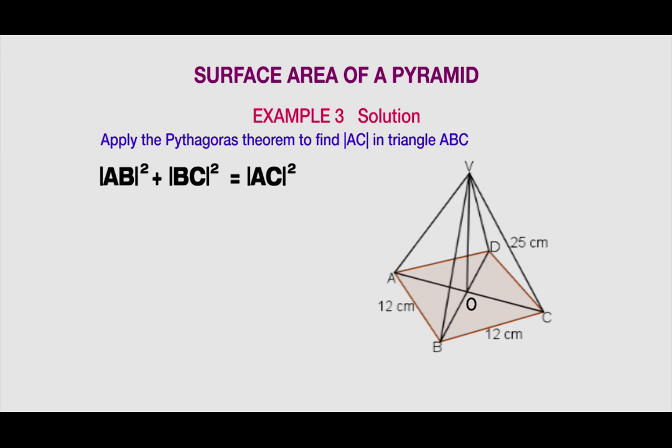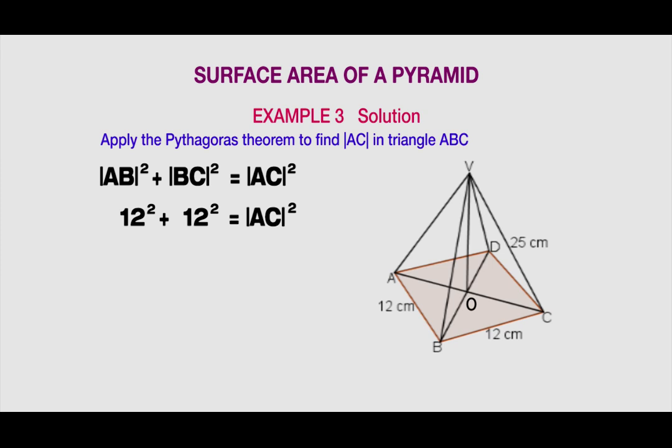Let's look at the solution. Considering the base, we apply the Pythagoras theorem to find the length AC using triangle ABC. So we have the length AB squared plus BC squared equals AC squared. If you do our substitutions, we have 12 squared plus another 12 squared equals AC squared.